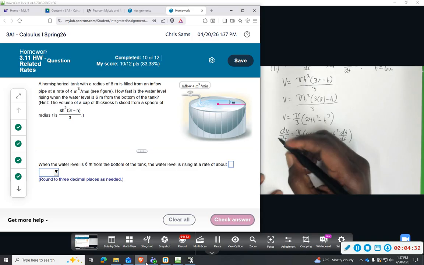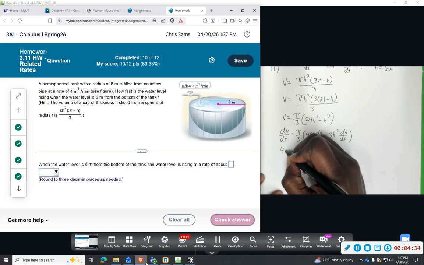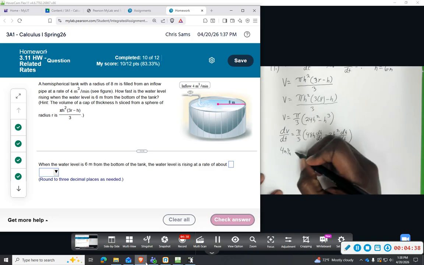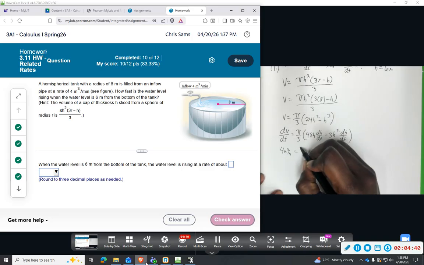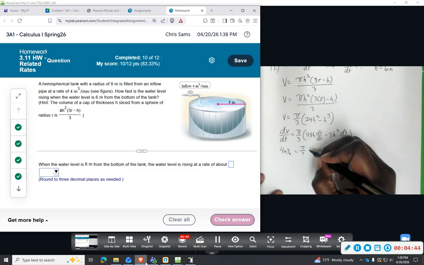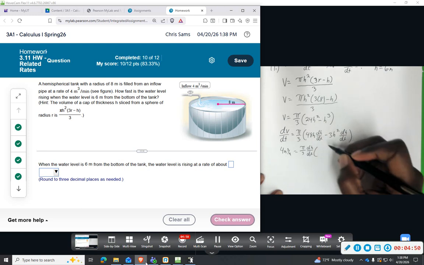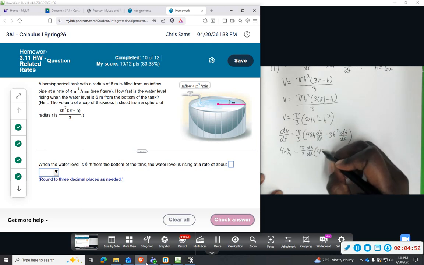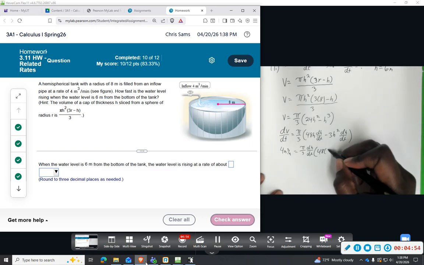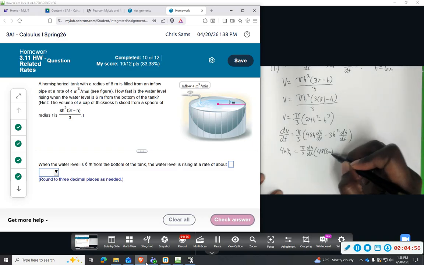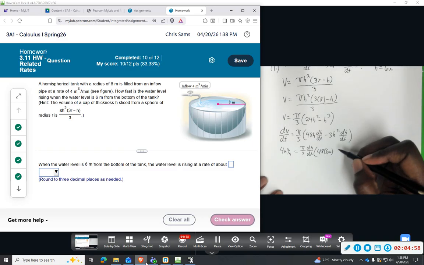So this is 4 meters cubed per minute equals pi over 3. I'm also going to factor out the dh/dt and pull that outside. It's going to be 48 times the height of 6 meters.